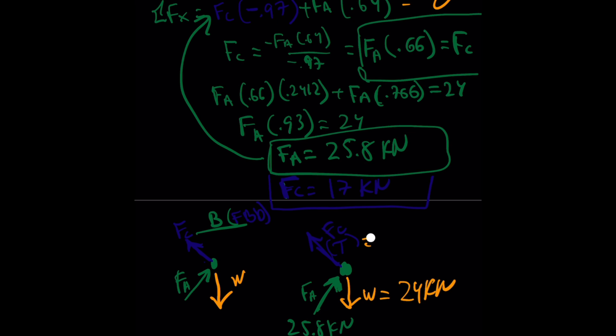That's how we find the reactions due to the cargo in our cable and also in our resisting rod. So in the cable, we have a force equal to 17 kilonewtons in tension, and in the rod, this one right here, it's acting in compression. And that's what the results mean.